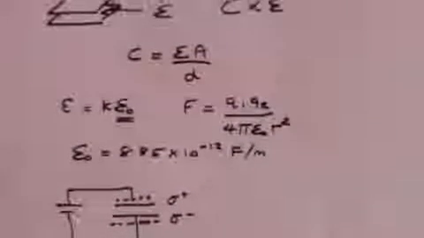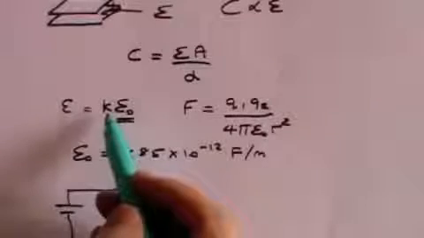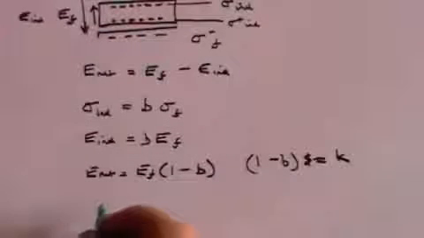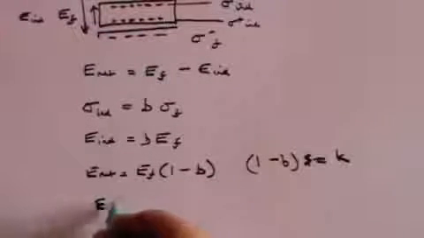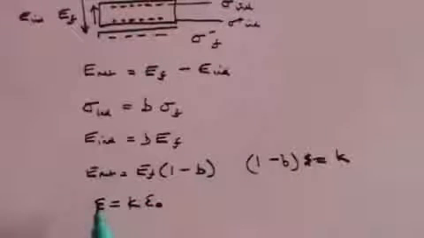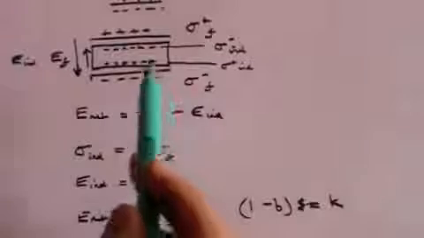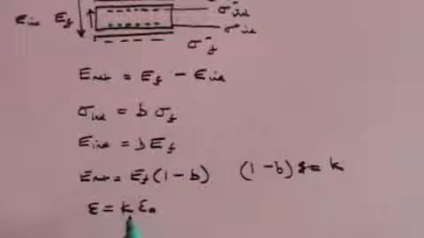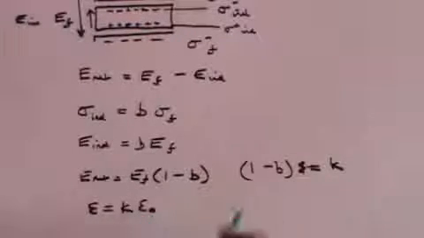That's the K that we established all the way back up here. So that means that epsilon equals K times epsilon naught. The permittivity of the dielectric is equal to the relative permittivity times the permittivity of free space.